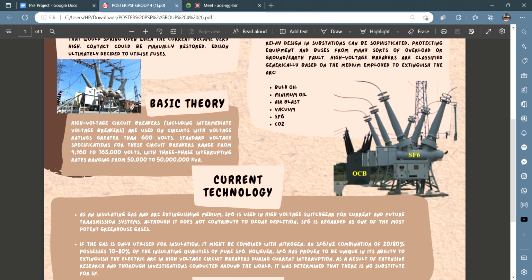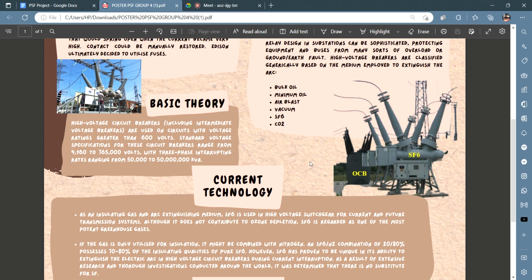Okay, now we will go through the basic theory of the high voltage circuit breaker. High voltage circuit breakers, including intermediate voltage breakers, are used on circuits with voltage ratings greater than 600 volts. Standard voltage specifications for these circuit breakers range from 4160 to 765,000 volts, with three-phase interrupting rates ranging from 50,000 to 50 million kVA.